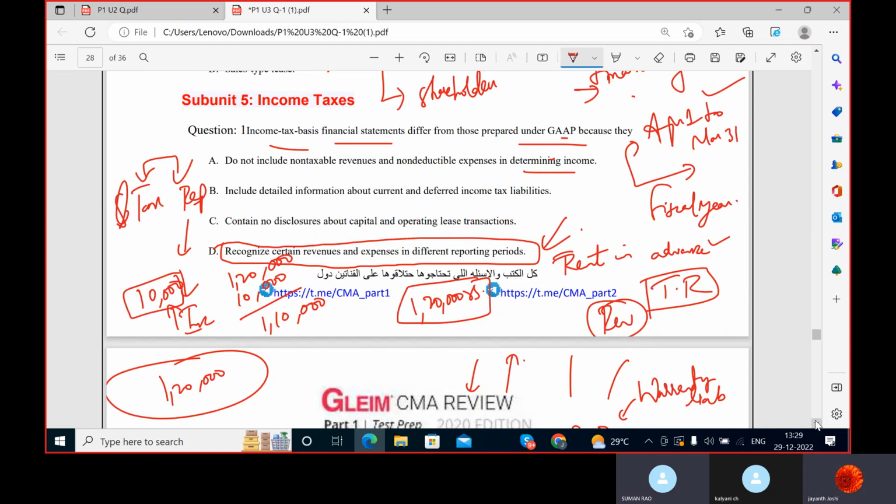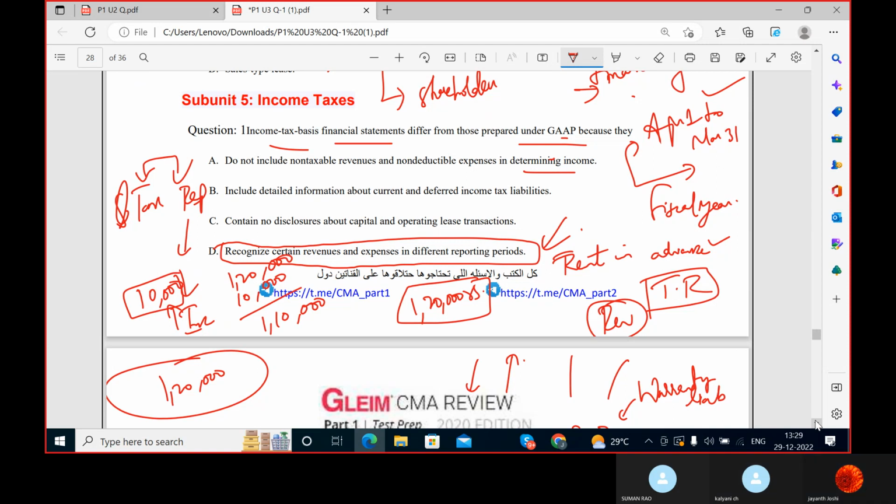See, fines and fees you show in the financial reports, but it is not shown in the tax returns. LIC premium, whatever policy premiums you are paying, it's your personal expense, so you can claim deduction on such things in your tax returns.